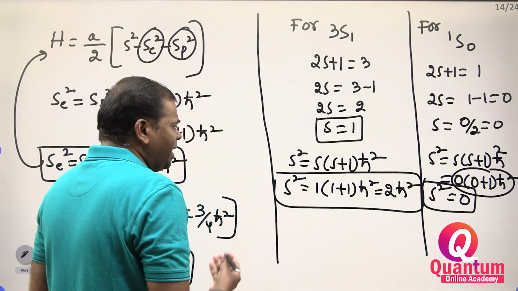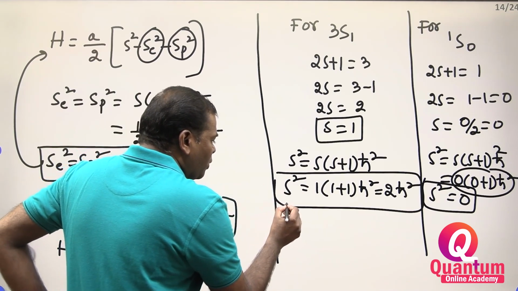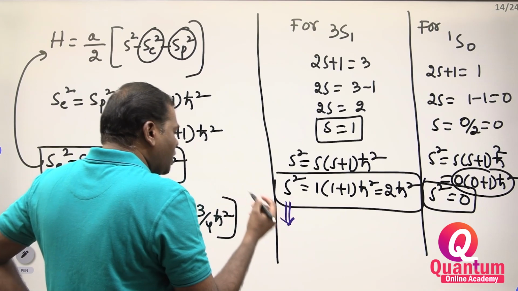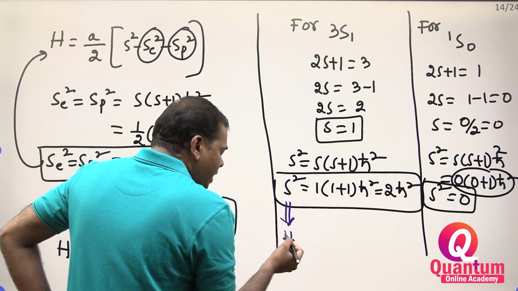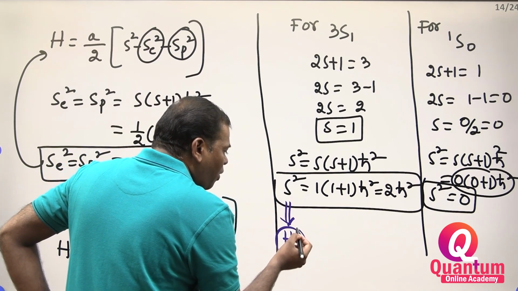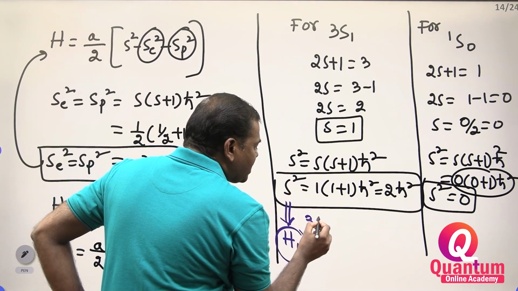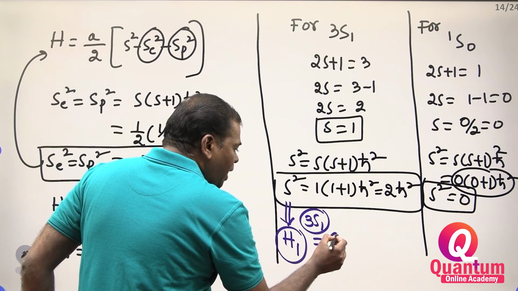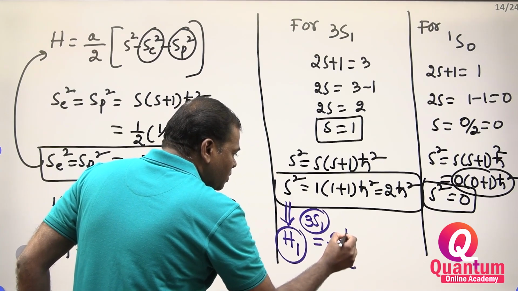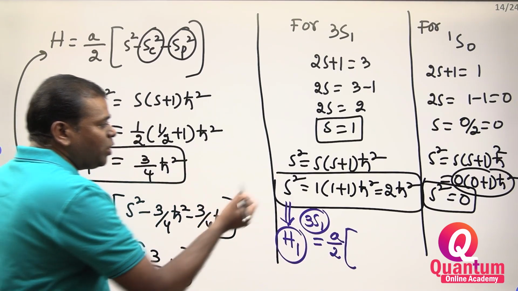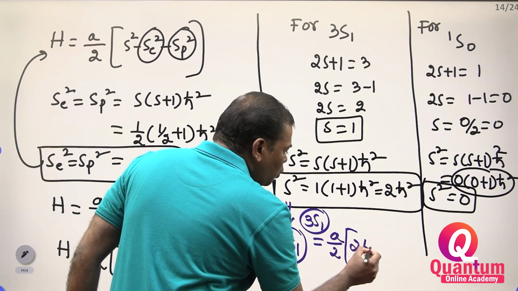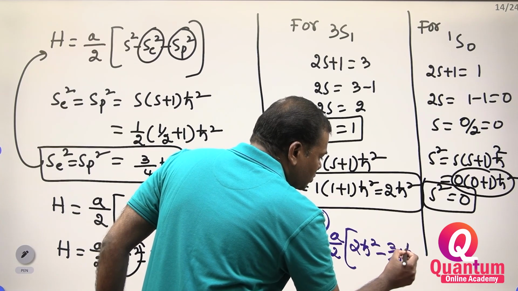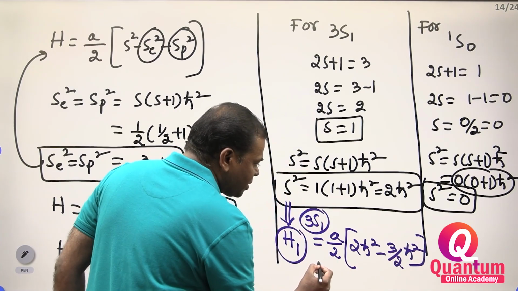Now you substitute the S square value. That is for H1, for the 3S1 state. You substitute A by 2 into, what is the S square? 2H cut square, minus 3 by 2 H cut square.